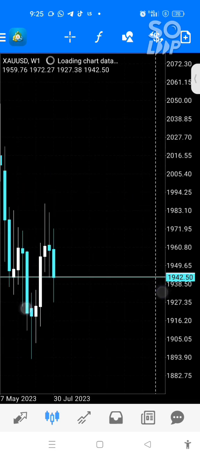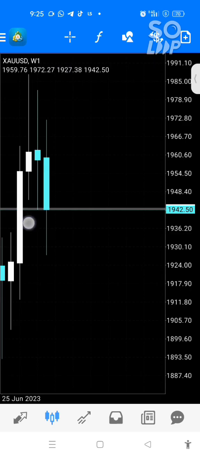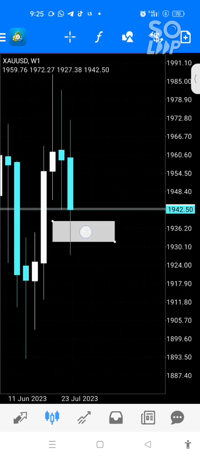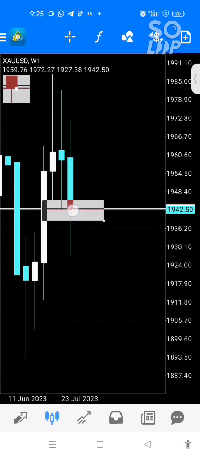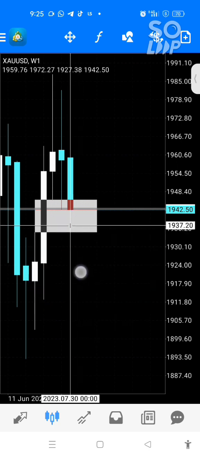Why I drew this fair value gap on the weekly time frame. I think it was Thursday or Wednesday, I can't remember. The body of the candle is somewhere around here.